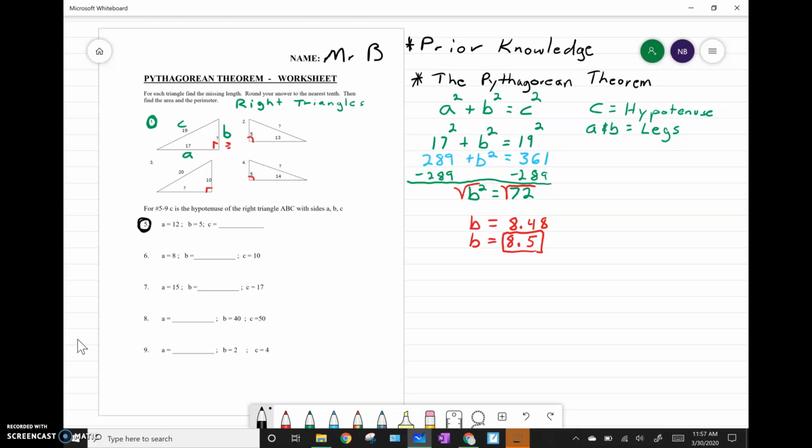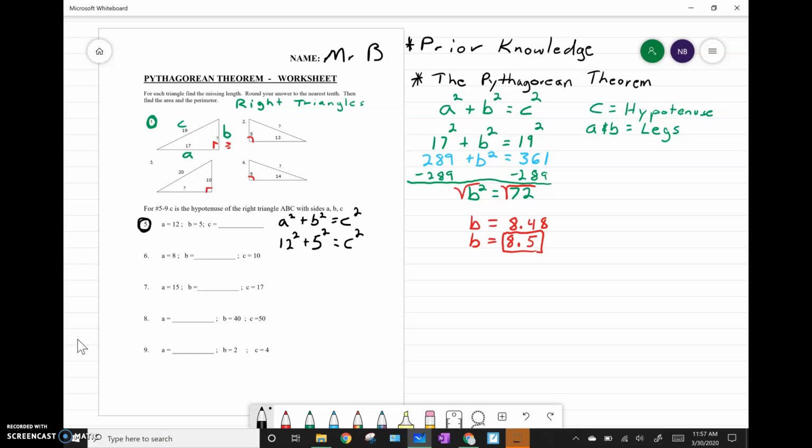We need to find that in order to get C. So we're going to use the same formula of A squared plus B squared equals C squared. A is 12, so I've got 12 squared, and B is 5, so I've got 5 squared. But we don't know what C squared is yet.